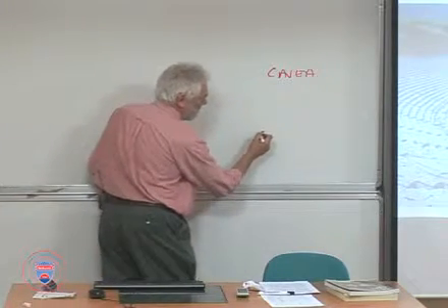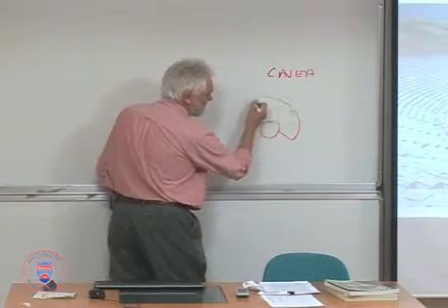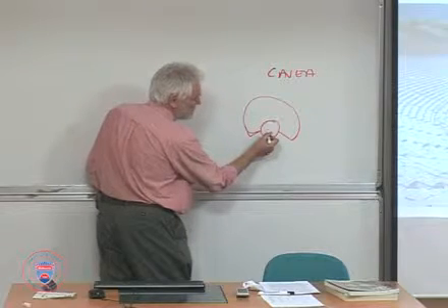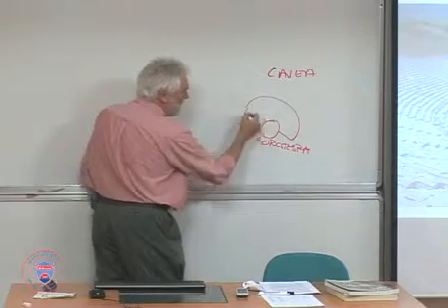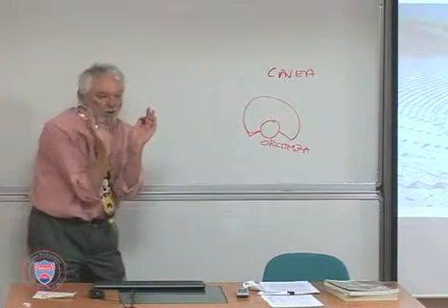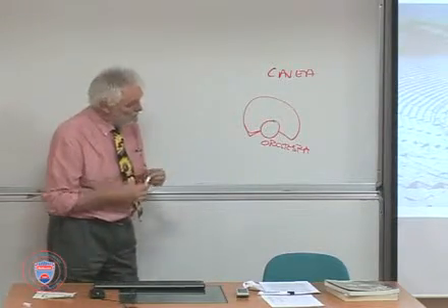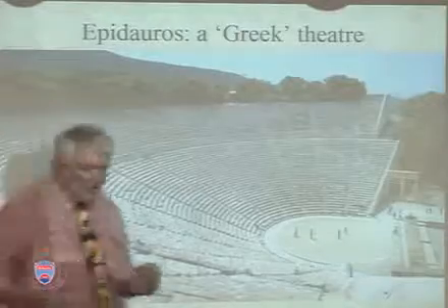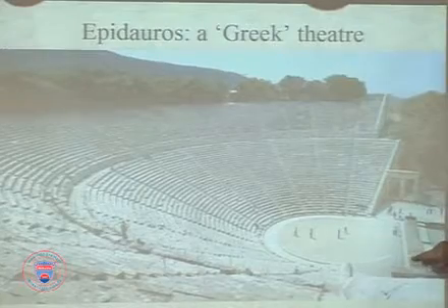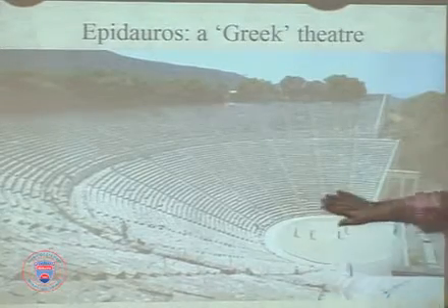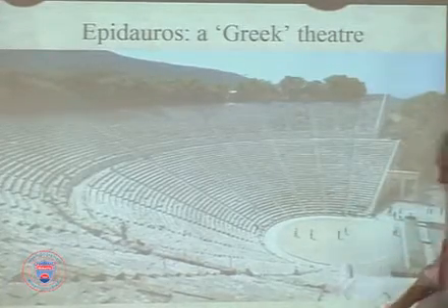But the characteristic feature of a theatre in the Greek-speaking world for Greek performances is this circular area called the orchestra and this horseshoe-shaped, more than a half circular area, the cavea where the people sit. Greek theatres are designed for a specific type of performance with a very small stage building, because most of the action takes place in this open area, the orchestra, which you can see is fully circular.